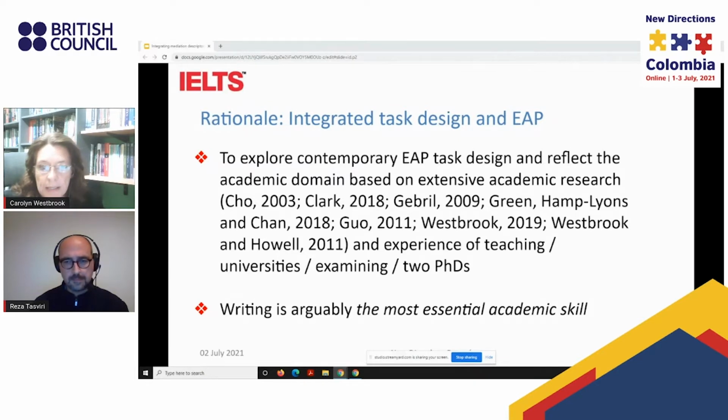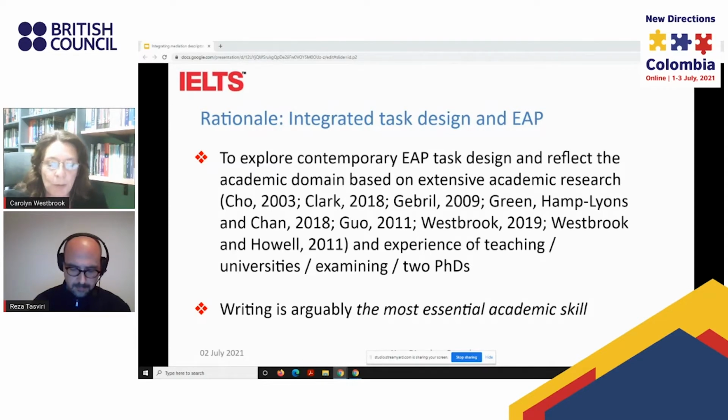So we did an extensive literature review, and on top of that, we also brought in the project team's experience of teaching, working at universities, examining for IELTS, and the fact that 2 of the project team members had done their PhDs based on IELTS and integrated academic writing.